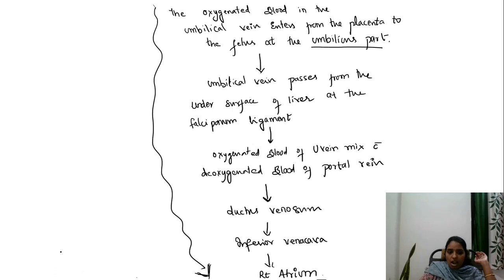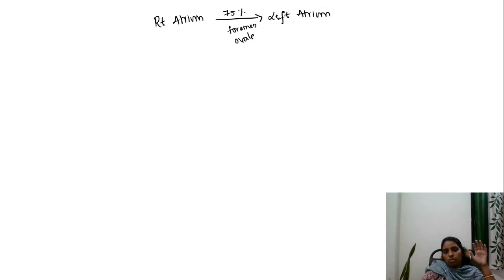This all is one stretch till the heart. Now, from the heart, what happens is in the next slide. From the right atrium, almost 75% of blood enters into the left atrium through the foramen ovale. I think you all know this from your childhood.